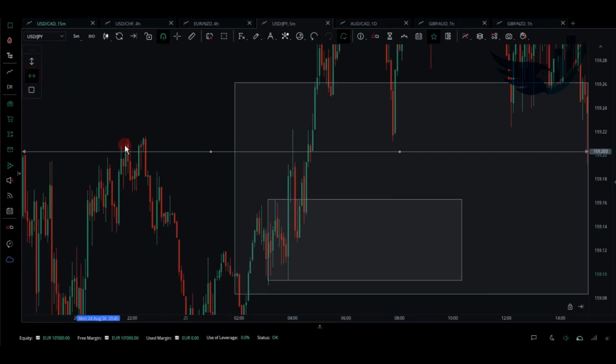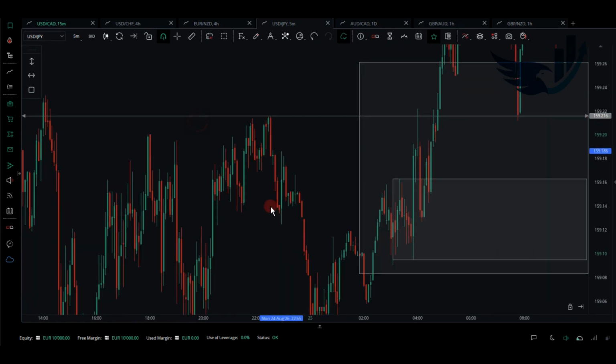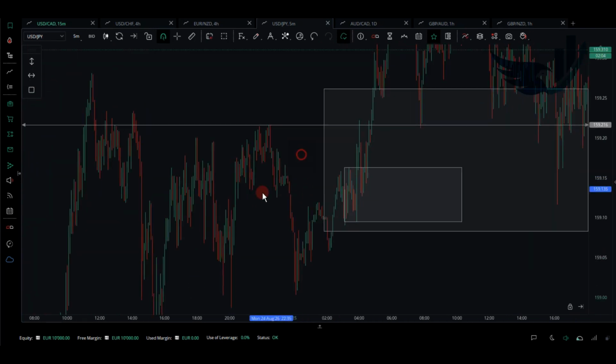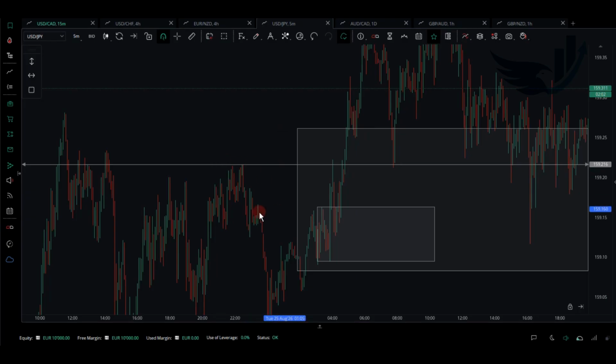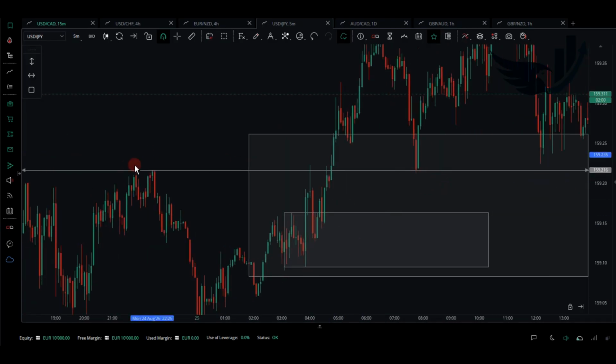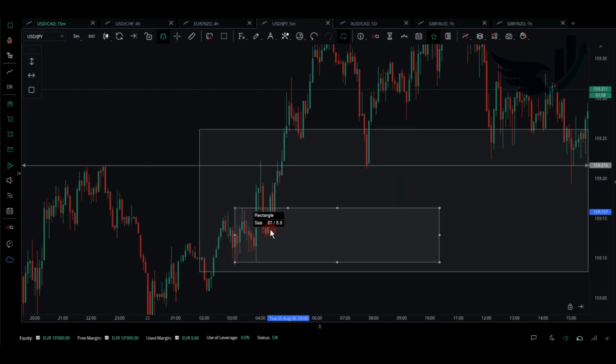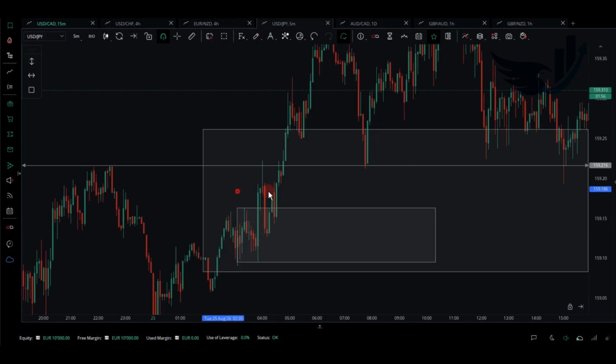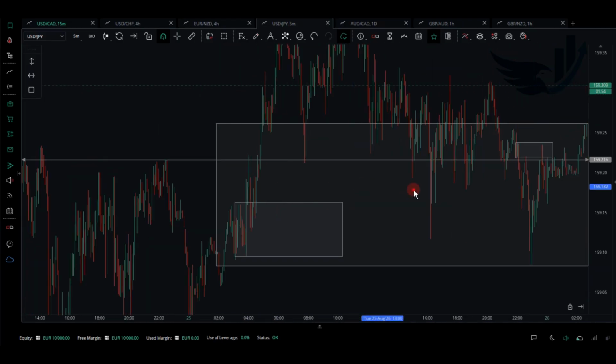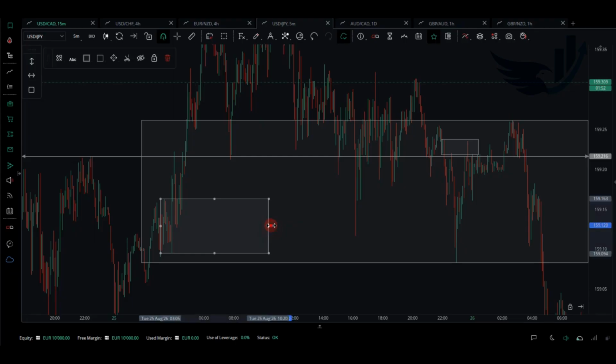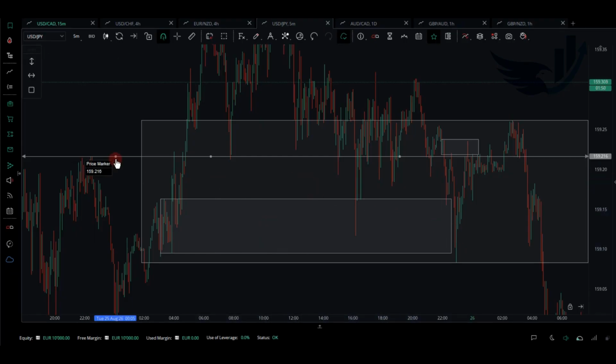First, it helped the price break this high, as you can see if I zoom out. It helped the price break this one, and in return, it held it. If I extend the box, you can see we have a very good reaction.